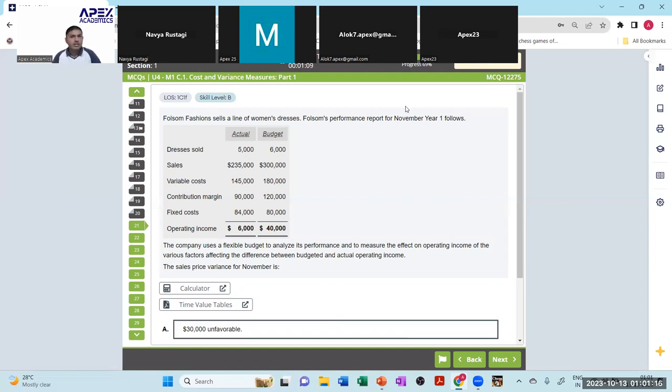Sales price variance, how many responses? So many responses, very good. This is very simple actually, nothing to worry about. It is actual sales price minus budgeted sales price into actual quantity sold. Actual sales price कितना आएगा? 2,35,000 divided by 5,000.